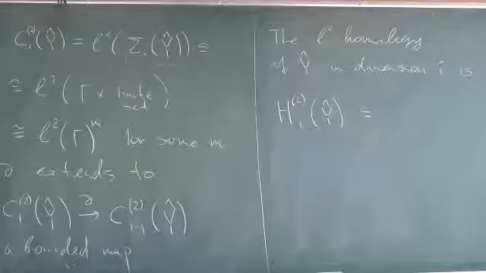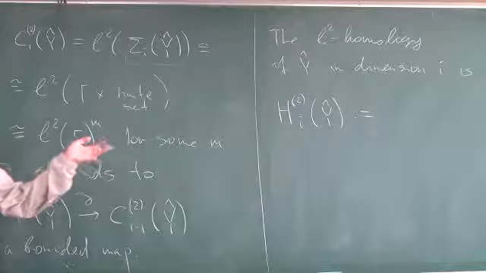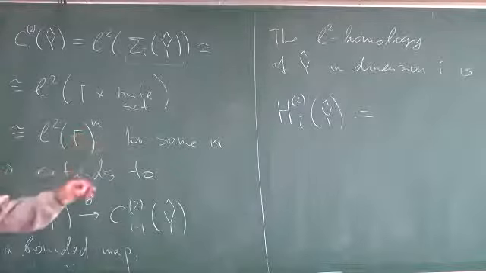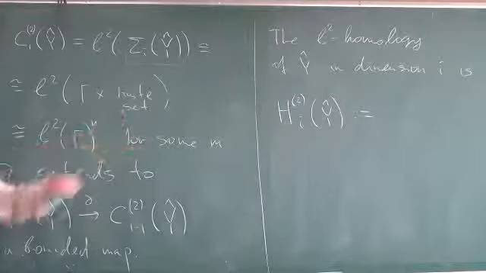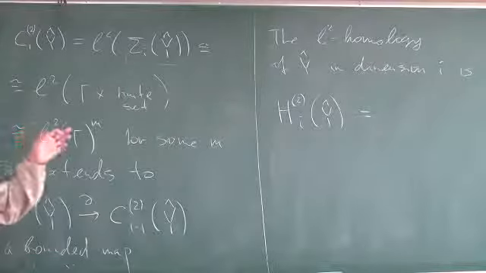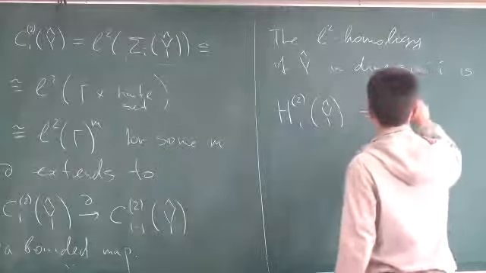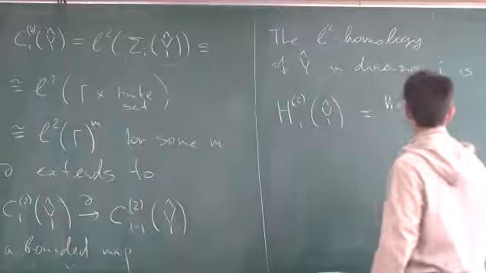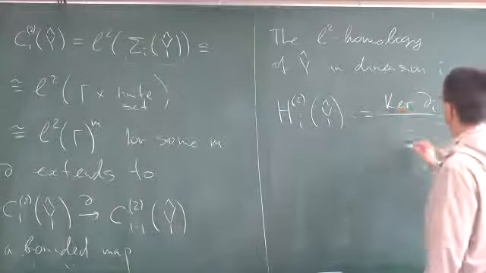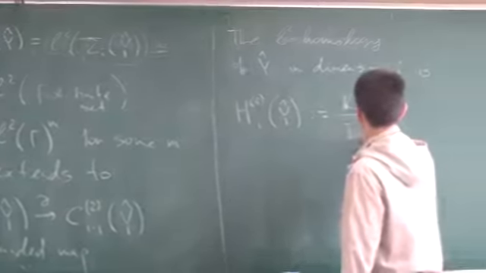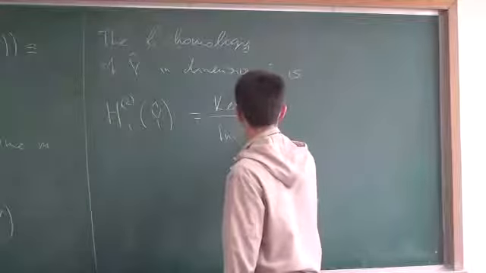By the image of the previous map. That's the usual definition of homology. What we want here is that the result still be a Hilbert space. So the definition is slightly different. You take the kernel of d_i and you divide it by the closure of the image of d_{i+1}.